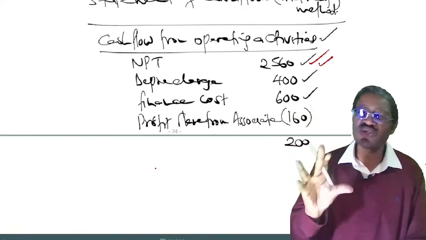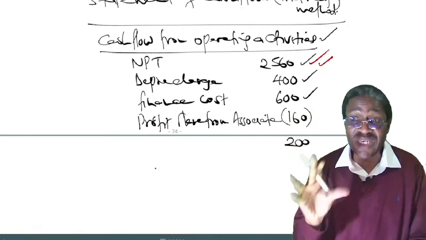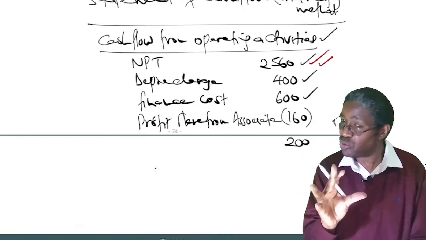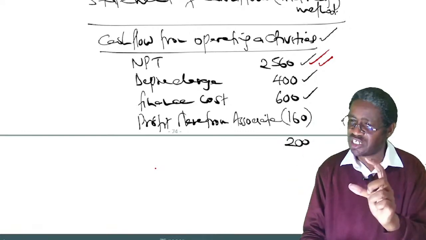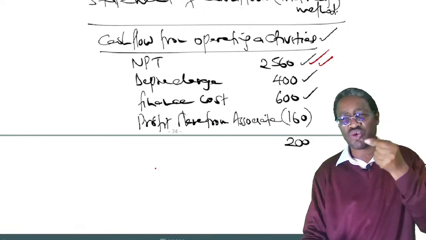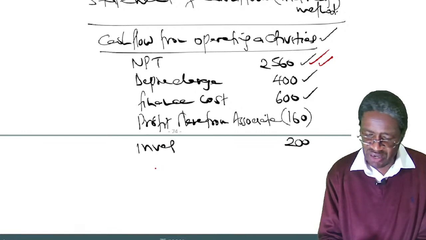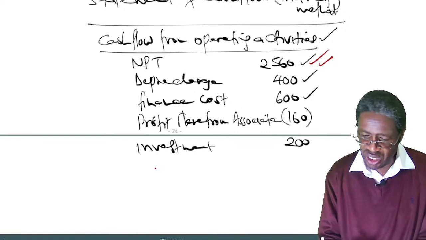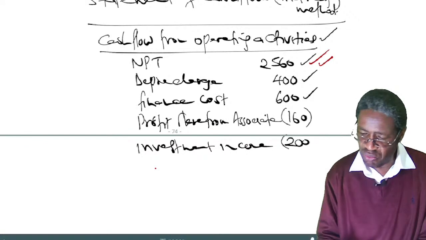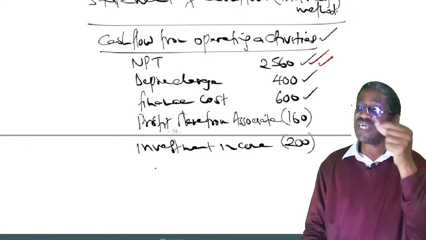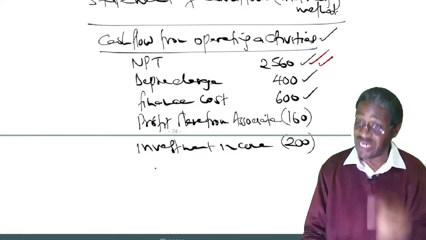It's not supposed to remain as an operating activity item. I hope you are getting my point. It should be classified as investing. So here, investment income, we come and remove it, you minus. Remember, it was added to the 2560. But we are saying it is not supposed to remain as an operating item.